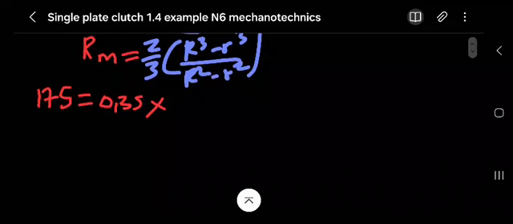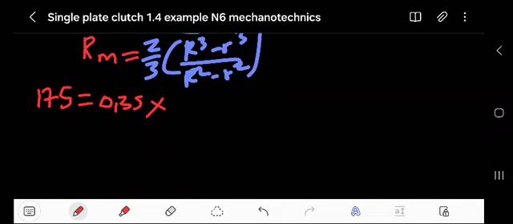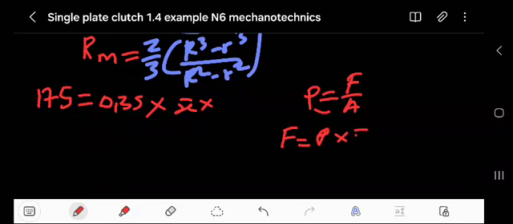Okay, no problem. We don't know the force, but since you are not given the force, we know the force is pressure multiplied by area. From pressure equals force over area, the force will be P multiplied by pi, multiplied by r squared minus r squared.